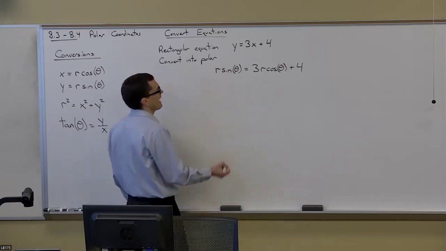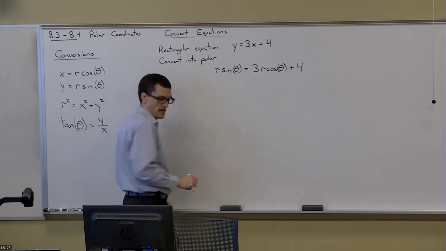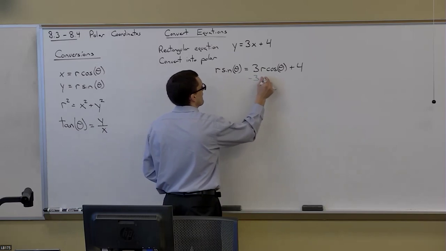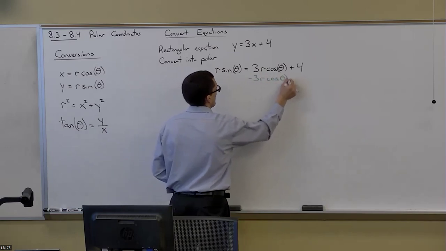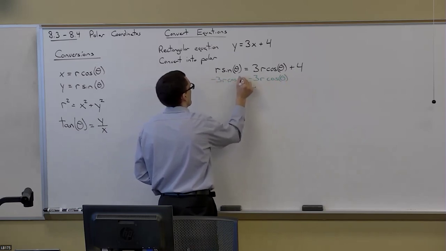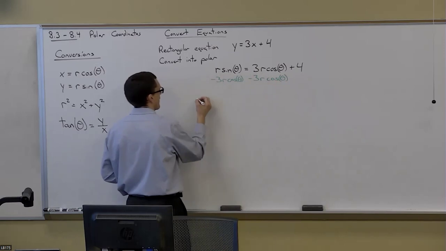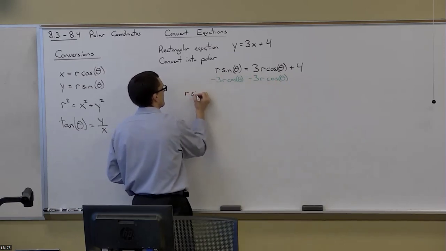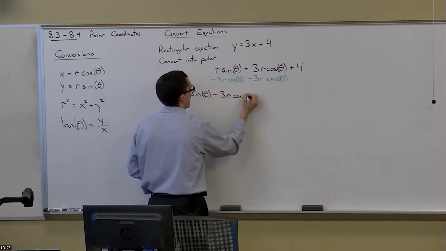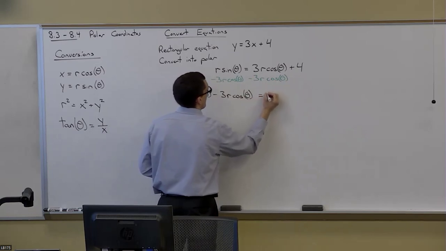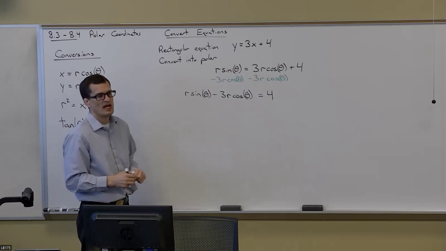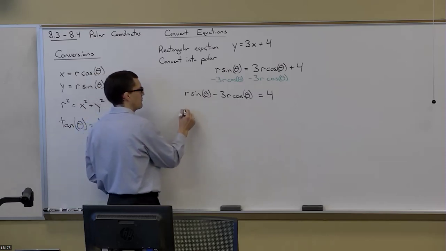And if I want to do that, then I would subtract 3r times cosine theta from both sides. And then I would factor out my r.